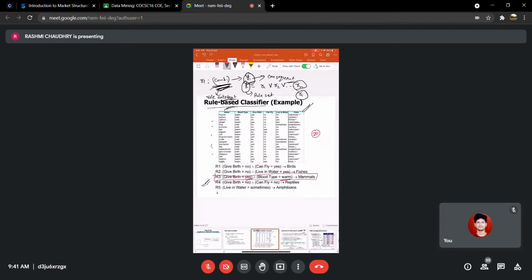We have to find out what the accuracy is and what the coverage is. So what does coverage say? Where the antecedent matches: gives birth, yes, blood type is warm. Gives birth, yes, blood type is warm.